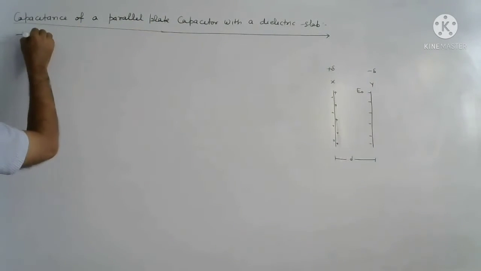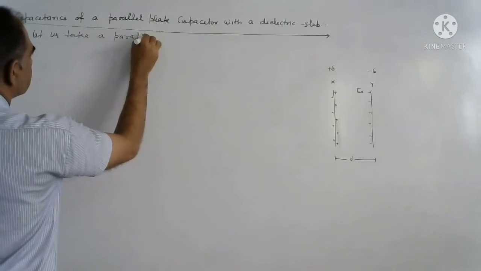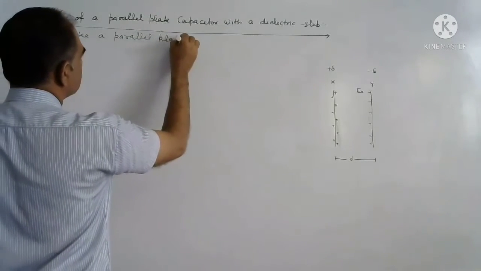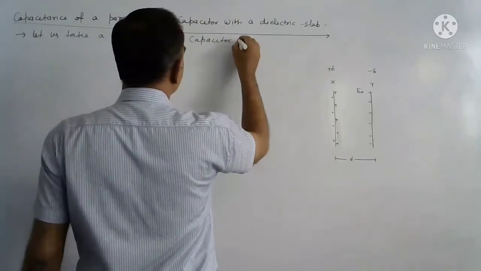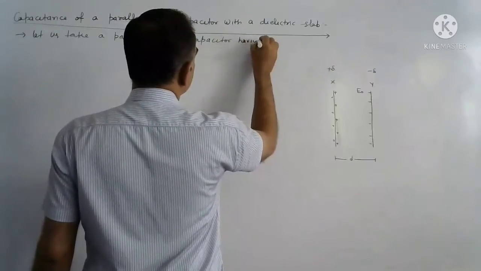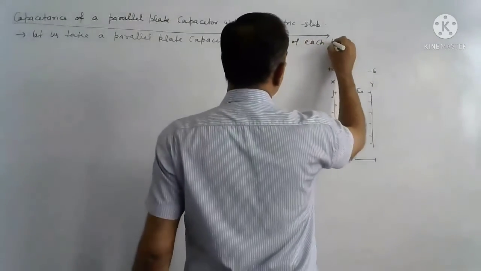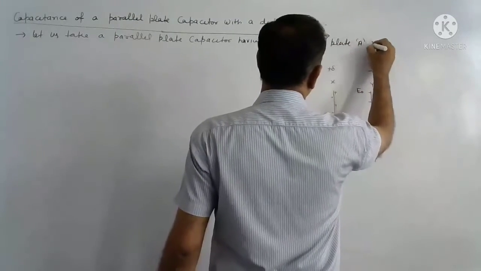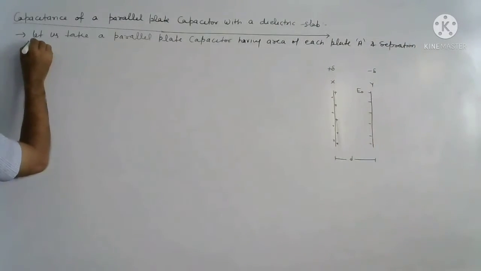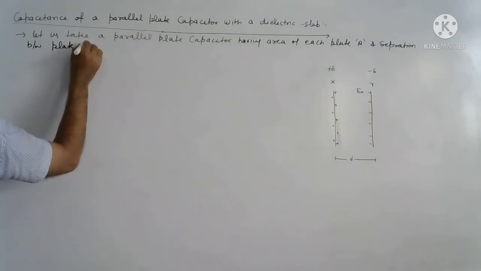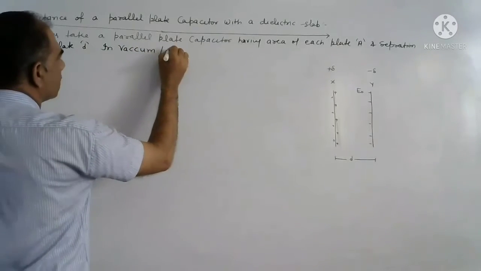Let us take a parallel plate capacitor having area of each plate capital A and separation between the plates small d in vacuum or air.